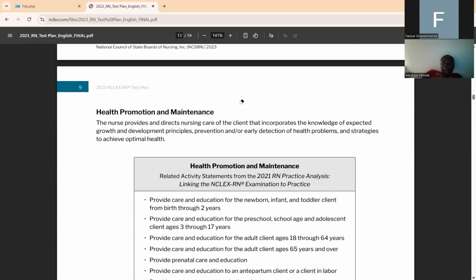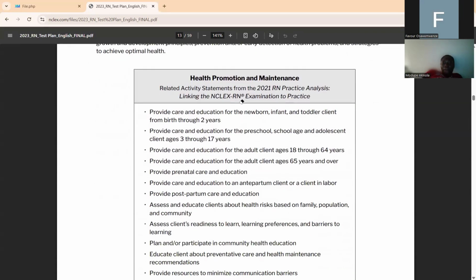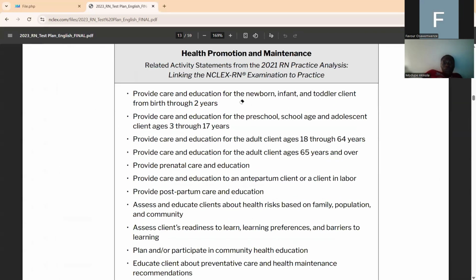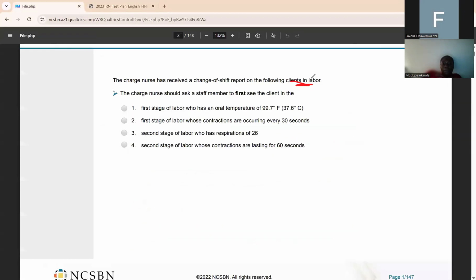So that is what the NCLEX is testing here. This question falls under health promotion, and the NCLEX is testing prioritization, which falls under the concept of clinical judgment.